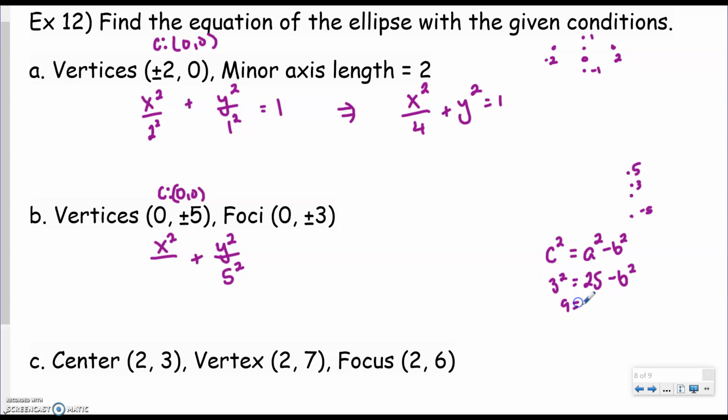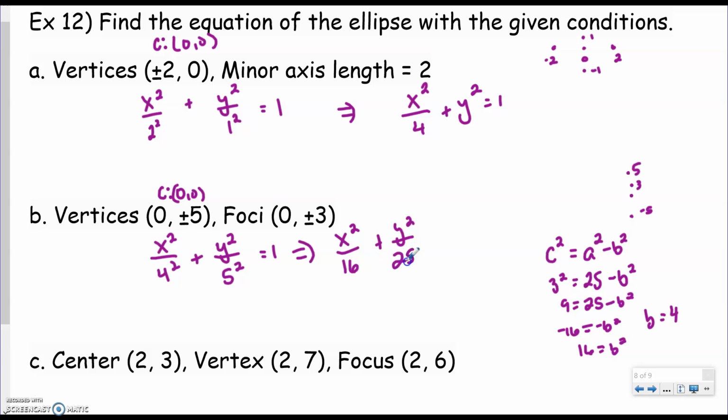I get 9 equals 25 minus b squared. Subtract 25, you get -16, which means 16 equals positive b squared, and b has to be 4, or really b squared should be 16 down here. And it's always going to equal 1. So if we go ahead and simplify then, we get x squared over 16 plus y squared over 25 equals 1.